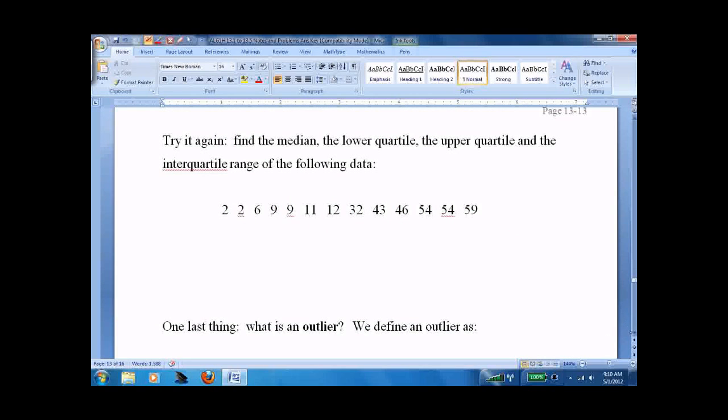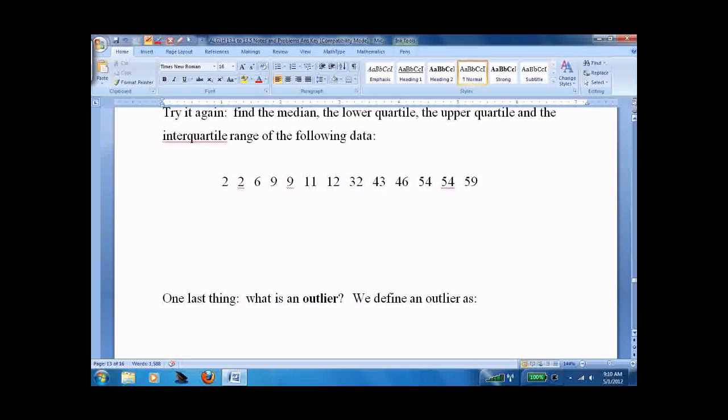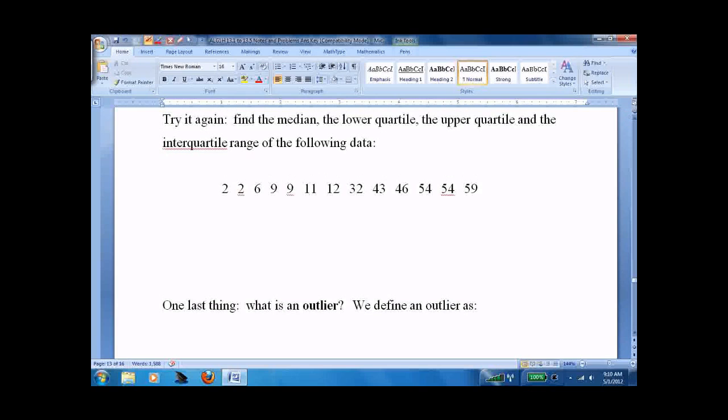Try it again. Find the median, or Q2, lower quartile, the upper quartile, and the interquartile range. You might want to pause the tape and try it. This data is not as clean and neat as the other one, so a little trickier. 13 data points.